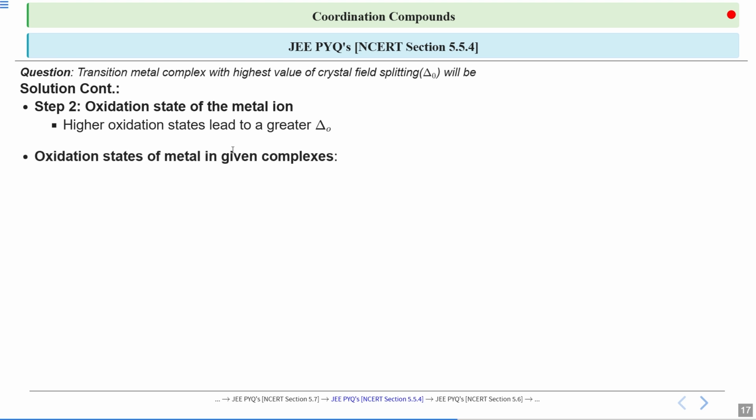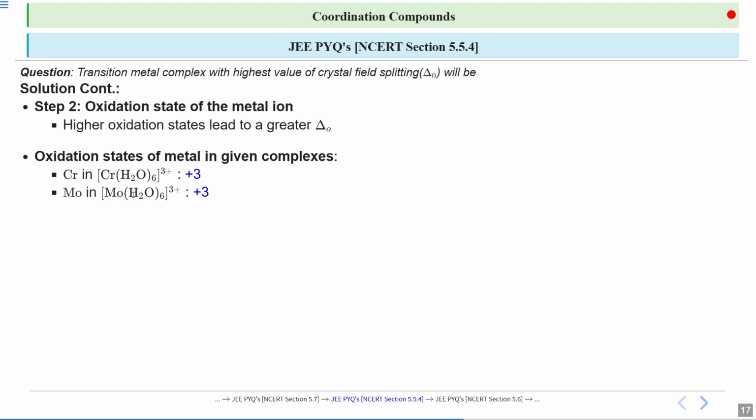The oxidation states of the metals in the given complexes: first is chromium, in [Cr(H2O)6]3+. The oxidation state of chromium in this complex is +3 because water is a neutral ligand with charge 0, so 6 times 0 is 0. So the overall charge on the complex becomes the oxidation state of the central metal, chromium, which is +3.